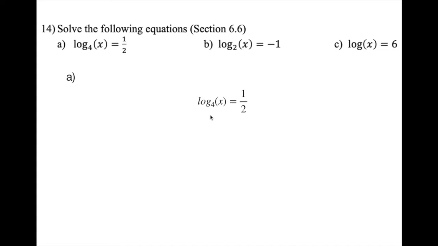We know that a logarithm expression is related to the exponential expression. How are they related? The 4 down here will be the base of the exponential expression, and a half will become the power of the exponential expression. What is x here? x is the result of the exponential expression.